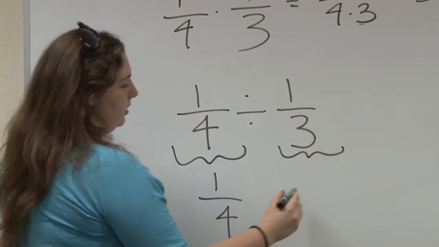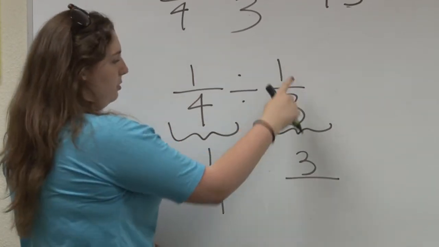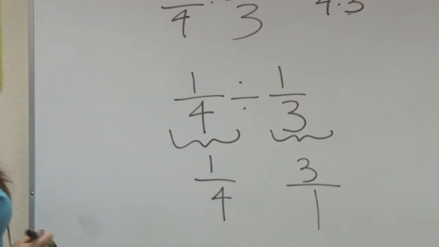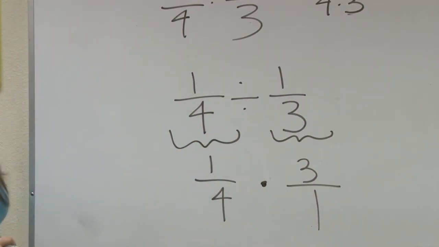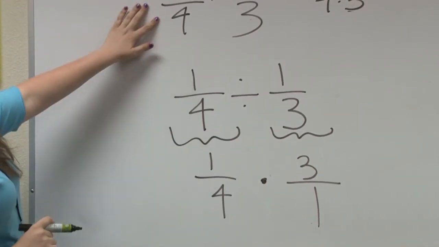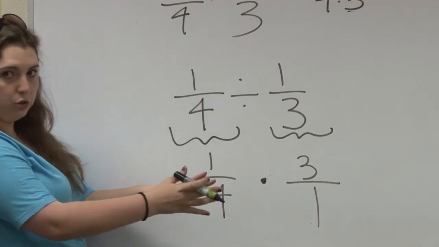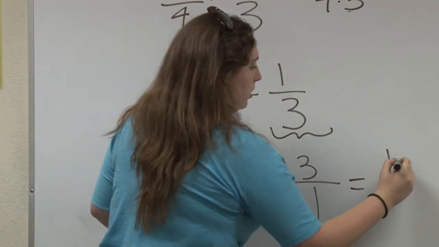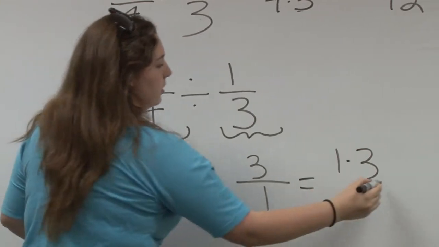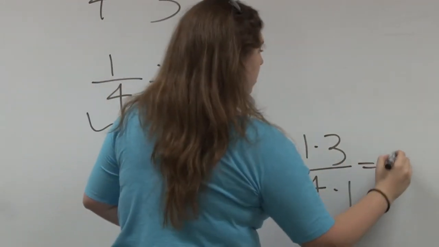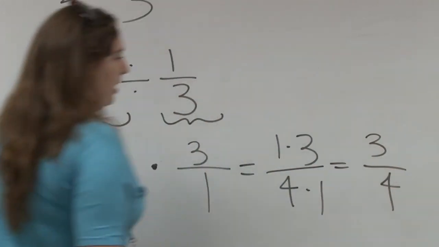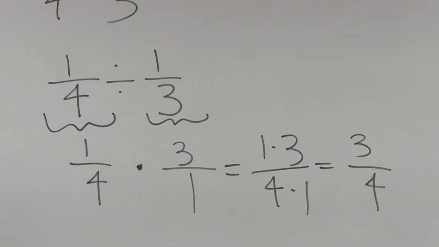So the denominator is now the numerator, and the numerator is now the denominator. And instead of dividing, we're now going to multiply. So it's the same process as it was up here, where we're just going to go straight across. You multiply your numerators, you multiply your denominators, and you get an answer.